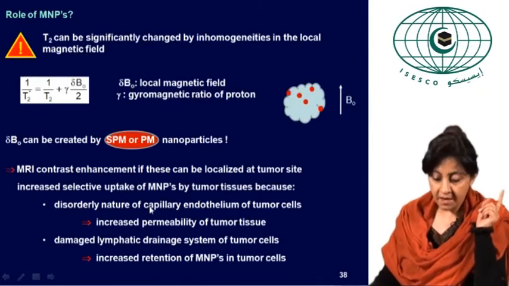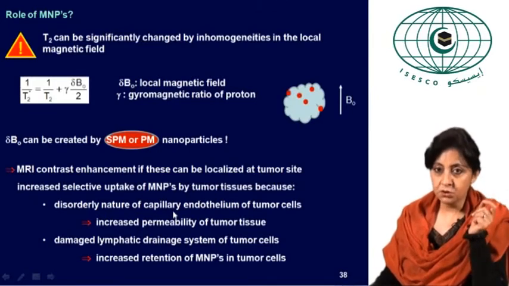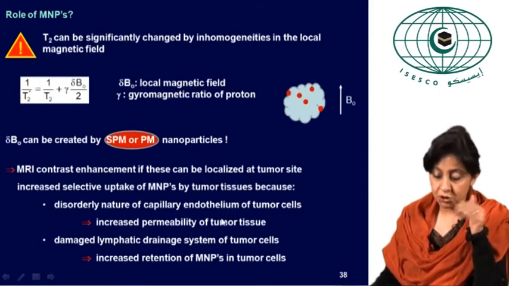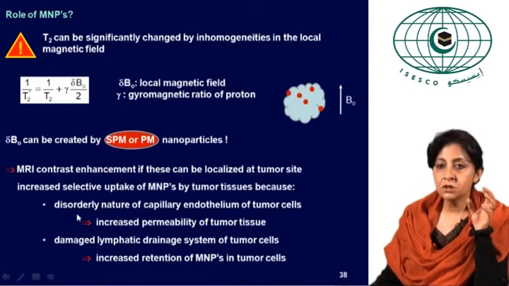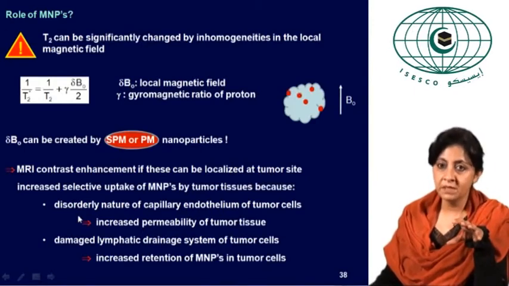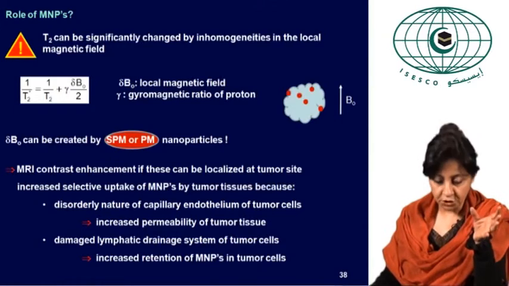First, because the capillary endothelium of tumor cells, that is the layer lining the tumor cells, the capillaries of the tumor cells are disordered. They are disorderly in nature, so that tumor tissue has an increased permeability as compared to normal tissue.